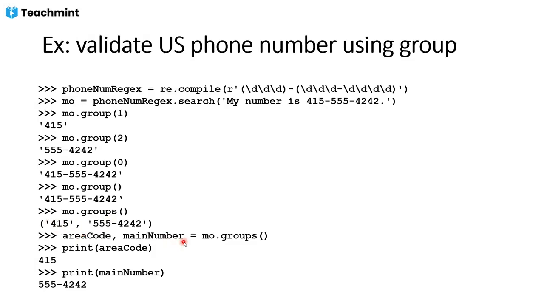So it is like multiple assignment. The groups function assigns the items of the tuple to these variables. The first will go to area code, the second will go to the phone number. I can also print only the phone number.